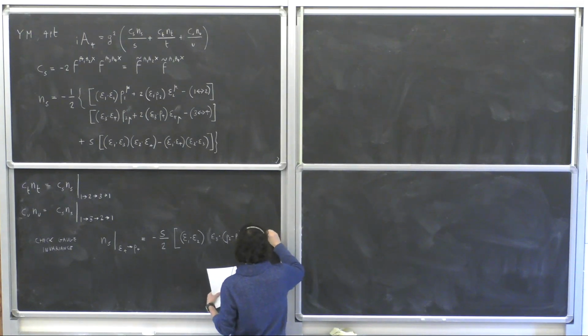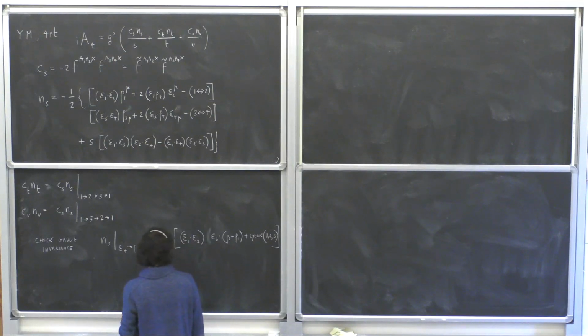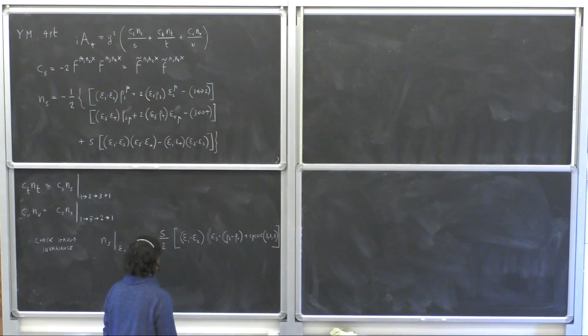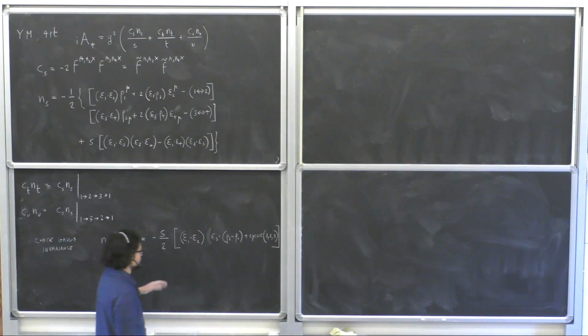This is the result of a straightforward calculation, which I would encourage you to perform. What is important here is that this is a cyclic permutation of 1, 2, and 3. What does it mean?